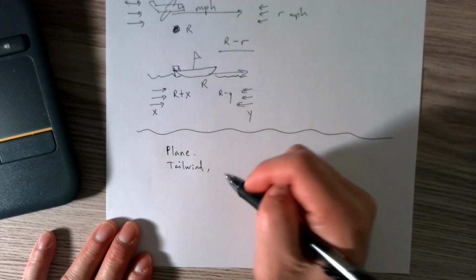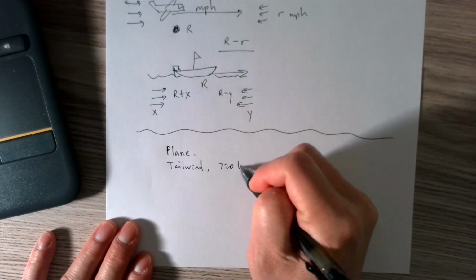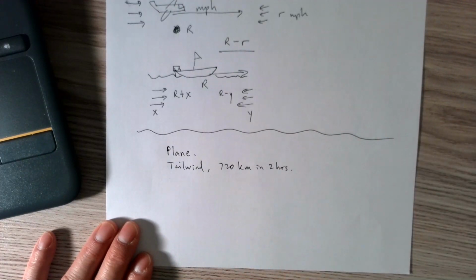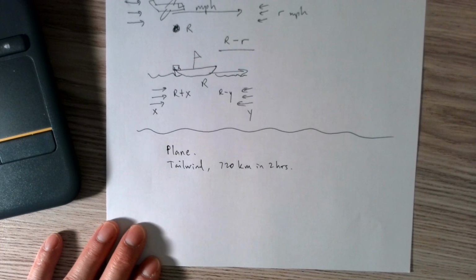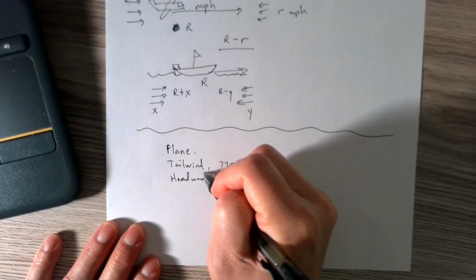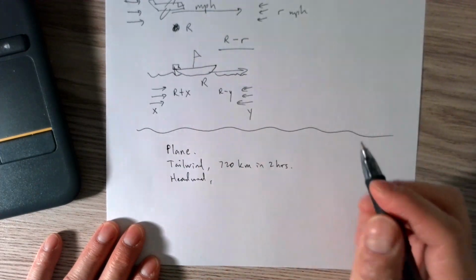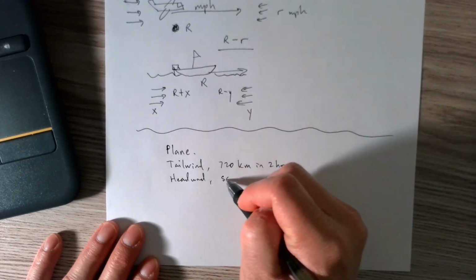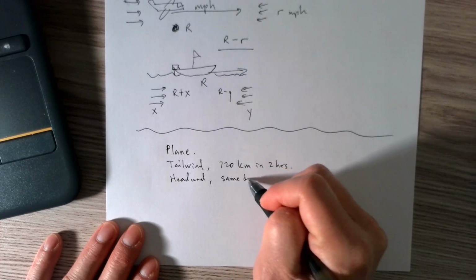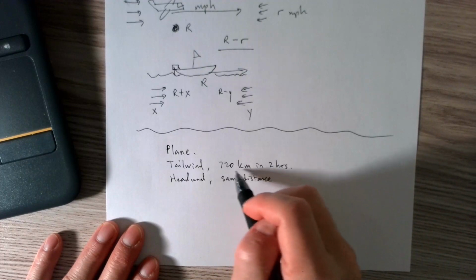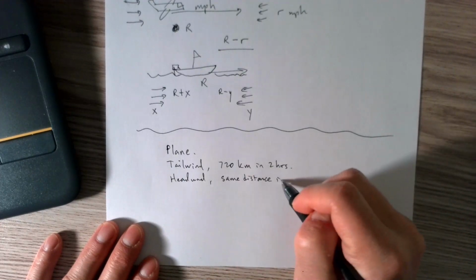The plane goes 720 kilometers in 2 hours. With a headwind, that means the wind is slowing the plane down. The plane goes the same distance, that's 720 kilometers, same distance, in 3 hours.